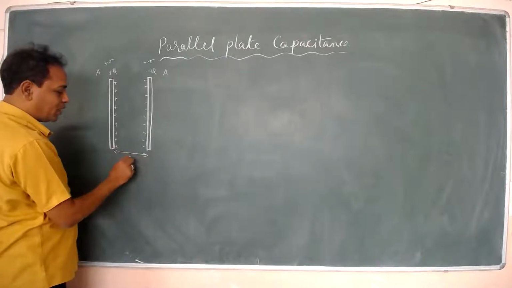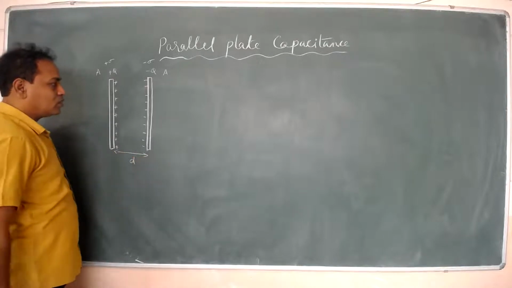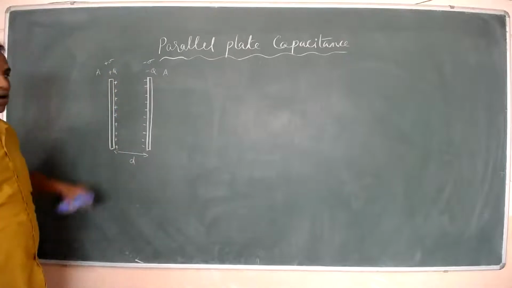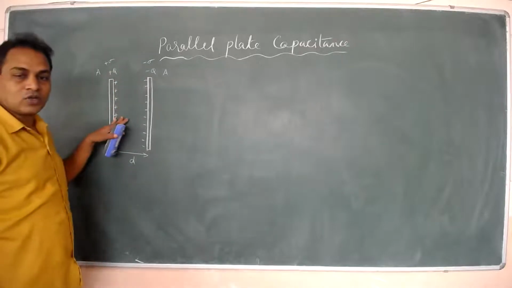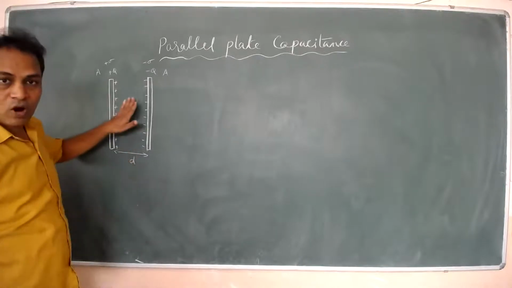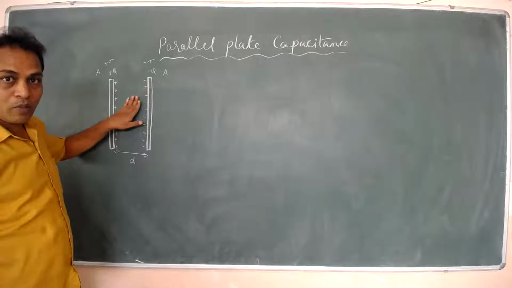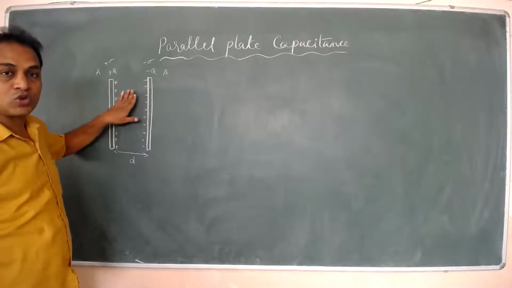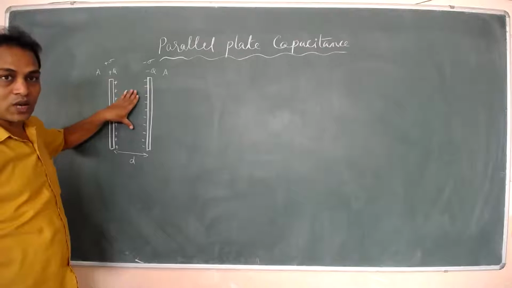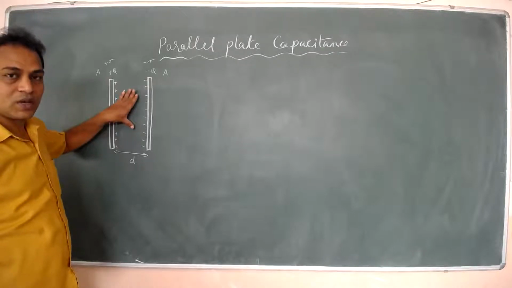These are separated by a distance, say, D. Now this is called a parallel plate capacitor. So now we are going to calculate the expression for the capacitance of this parallel plate capacitor.